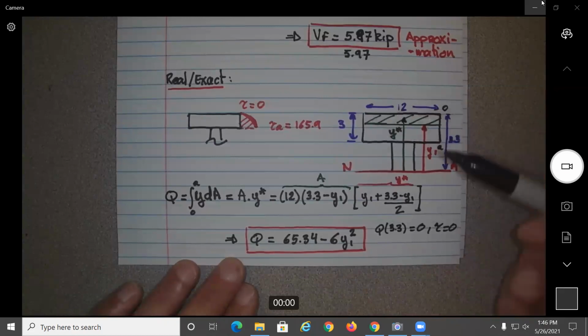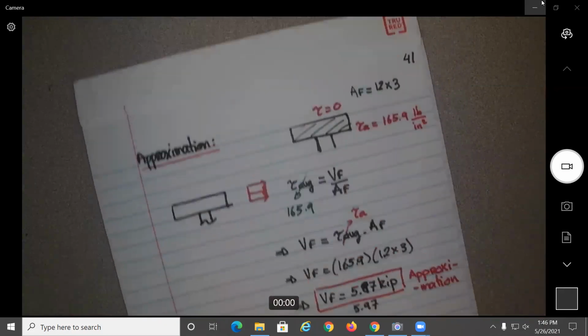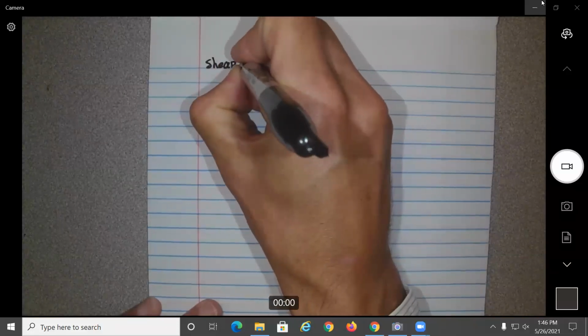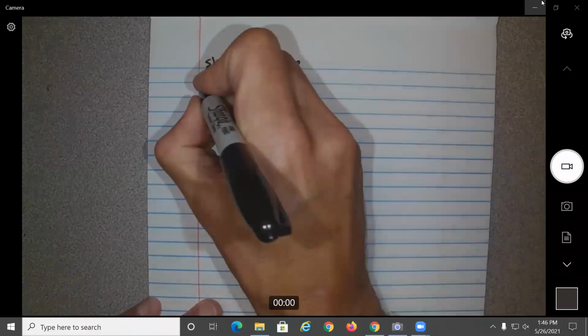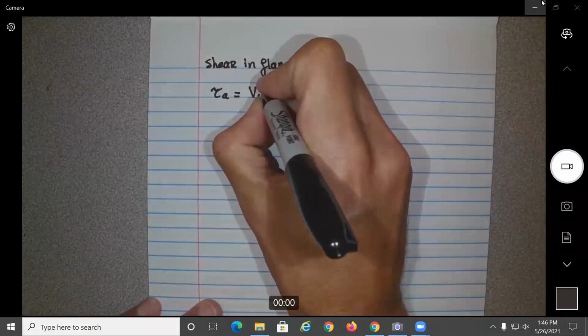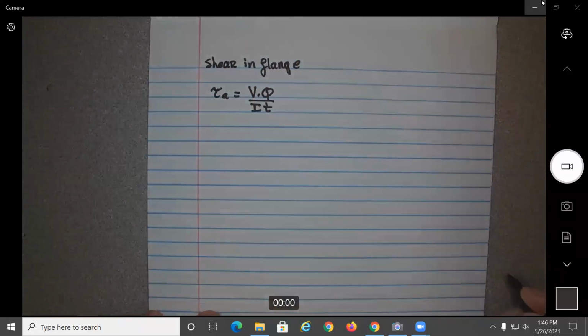Okay. All right. So now that we know Q in function of y sub 1, we can just rewrite the expression for the shear by using that expression. So basically we have the shear in the flange, tau sub A, equal to V times Q divided by I t.